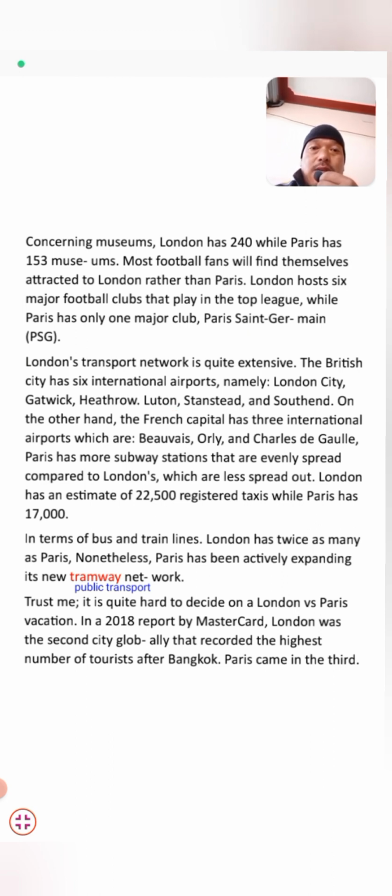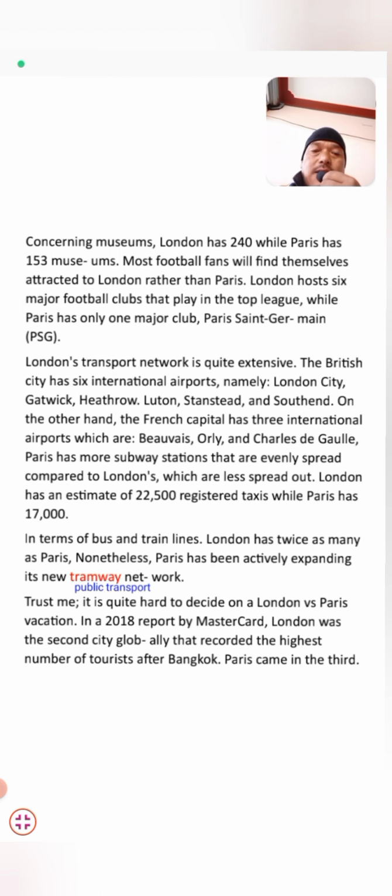On the other hand, if you talk about airways, the French capital has only three international airports, which are Beauvais, Orly, and Charles de Gaulle. Paris has more subway stations that are evenly spread, compared to London, where they are less spread out.